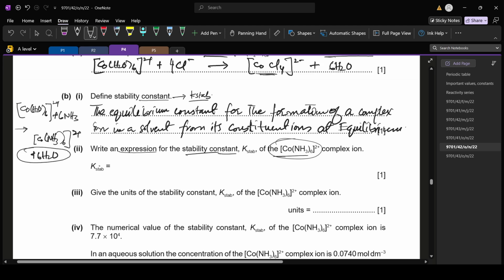So the K stability is the concentration of products divided by the concentration of reactants. What is the product here? It's this complex ion.